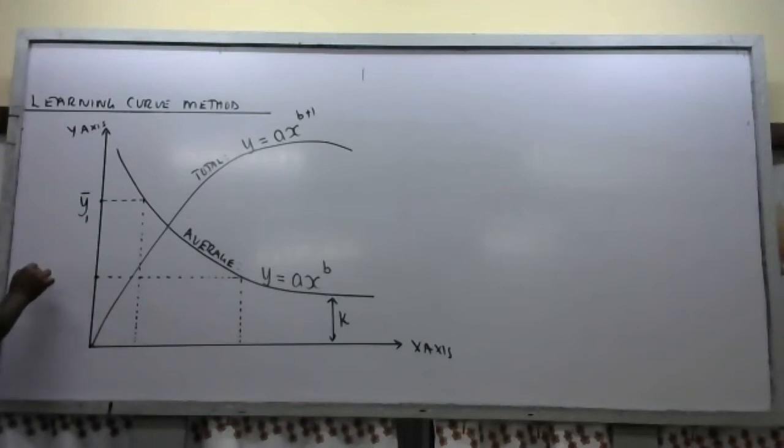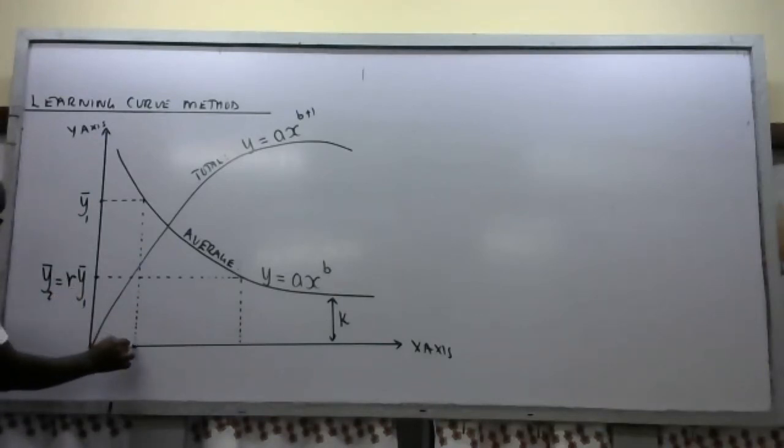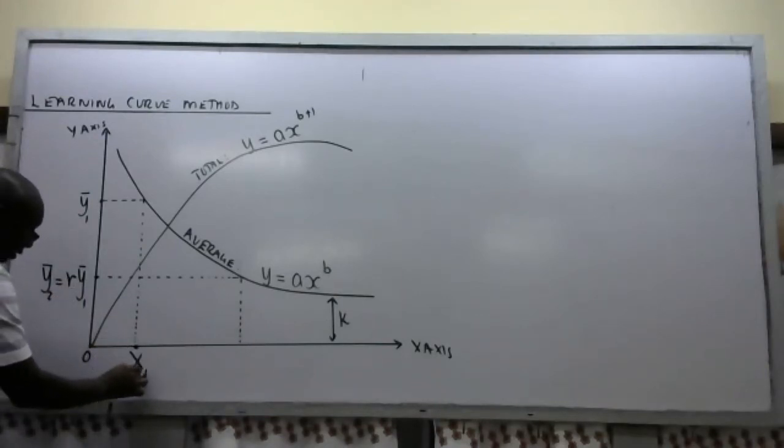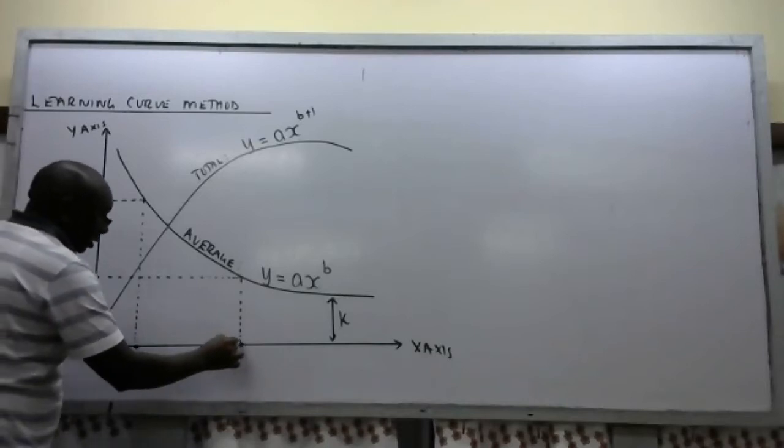This is y bar 2, which is r times y bar 1. This is 0. This is x1.